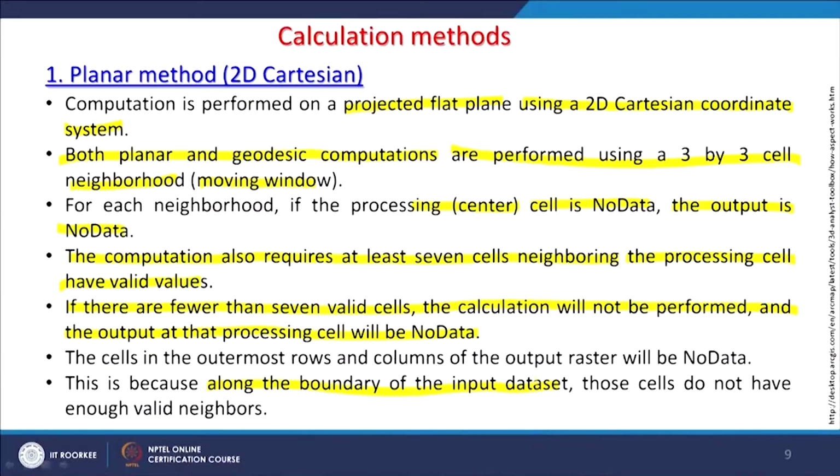Those cells along the boundary do not have enough valid neighbors. Because this is a neighborhood operation, a 3 by 3 kernel moves all around, but in the corners or border area it cannot be done, because you do not get the required number of neighbors. This condition is true both in case of slope calculations as well as in aspect calculations.